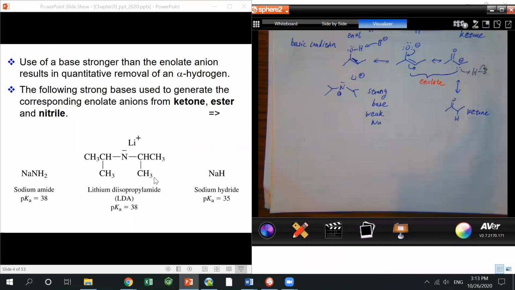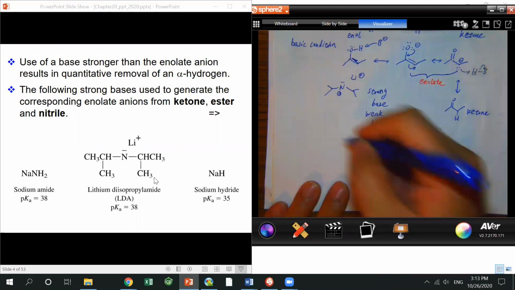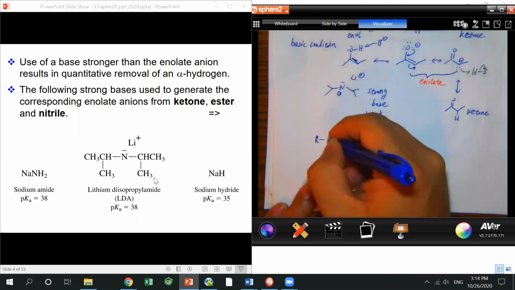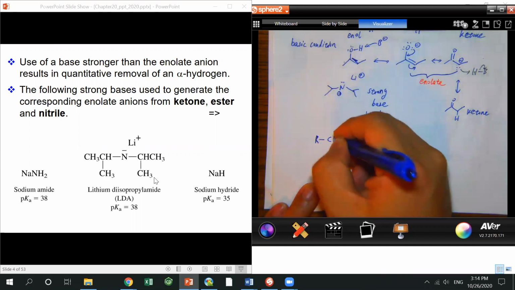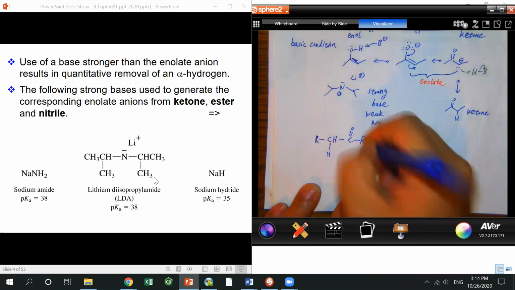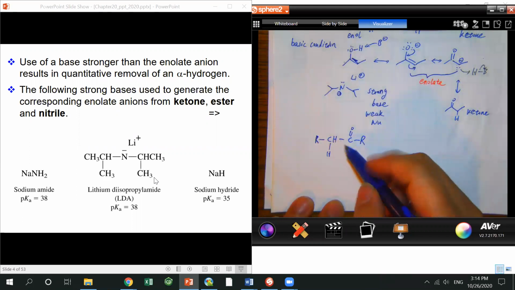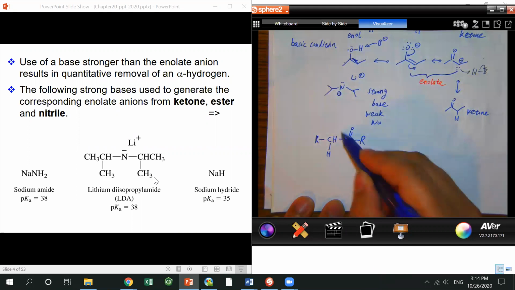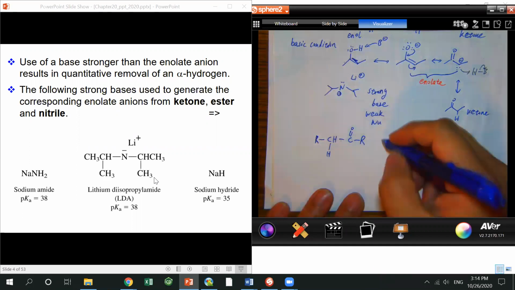Let me show you here. This is the ketone, and you can deprotonate this alpha carbon, the alpha hydrogens, and convert it to an enolate.